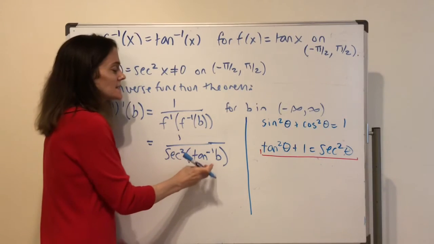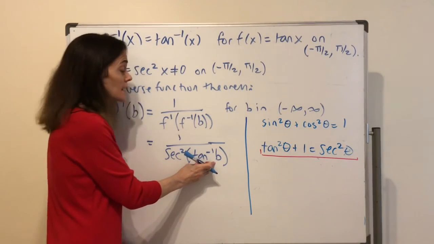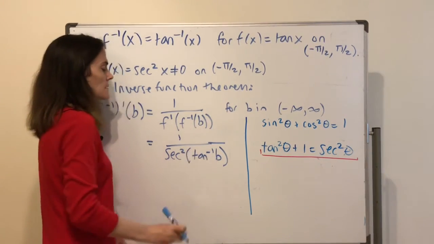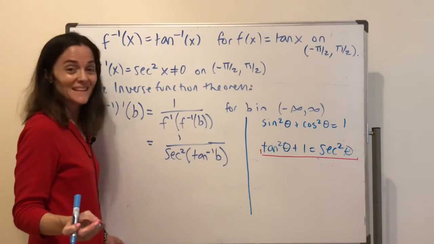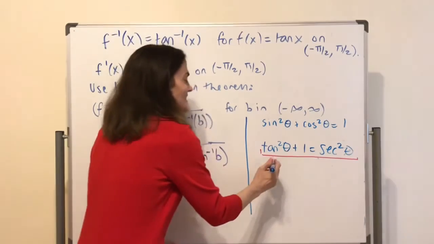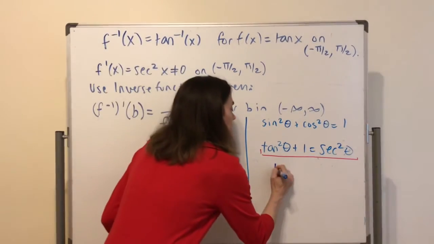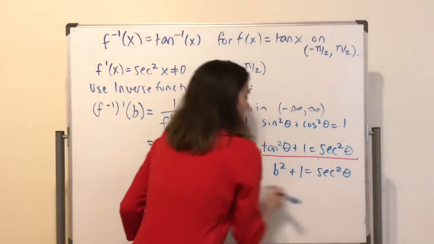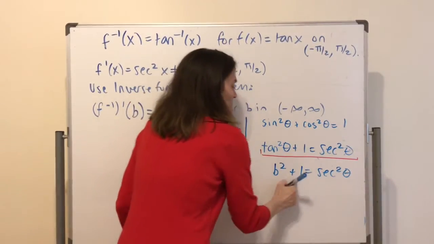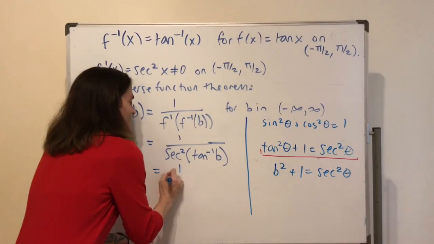What this says is the tangent of theta is b. What's secant squared? Well, the tangent of theta is b. We see it immediately. Secant squared is b squared plus 1.